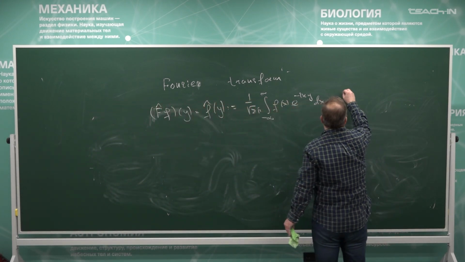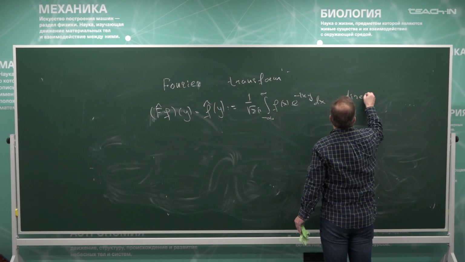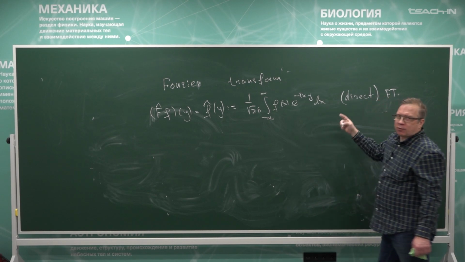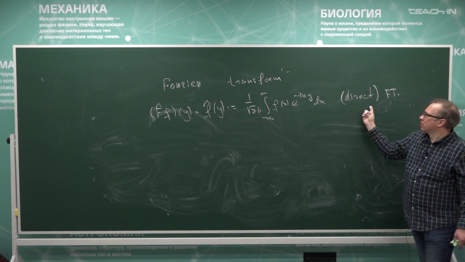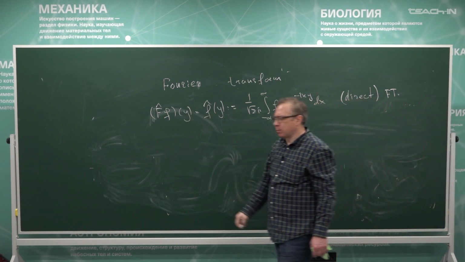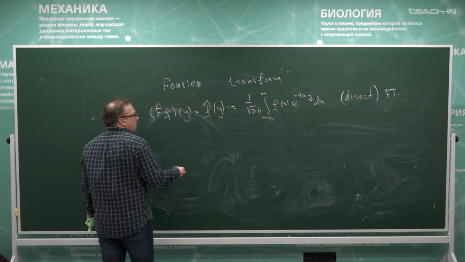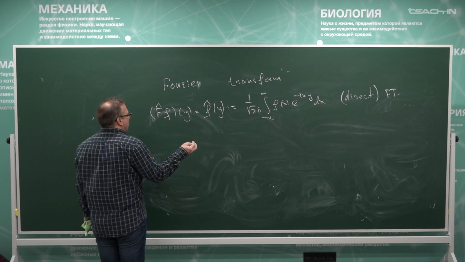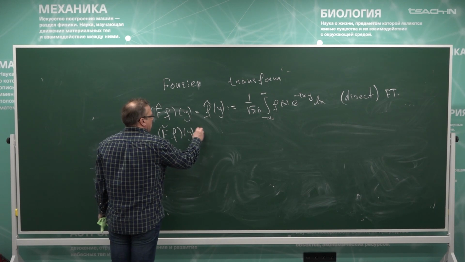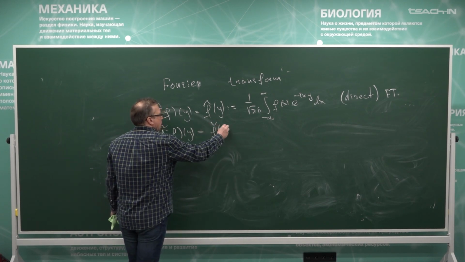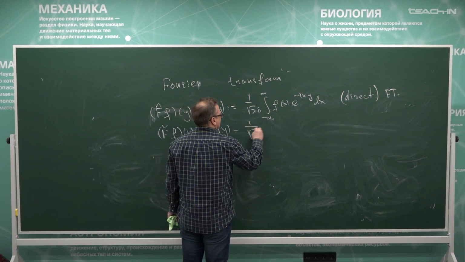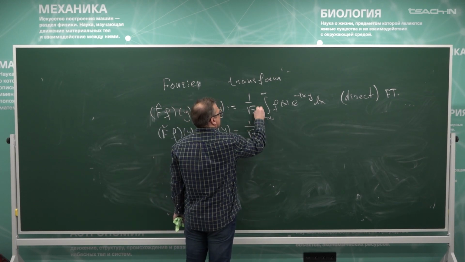This is the direct Fourier transform, but we omit the word direct and call it just the Fourier transform. And then you can define the inverse Fourier transform. This.